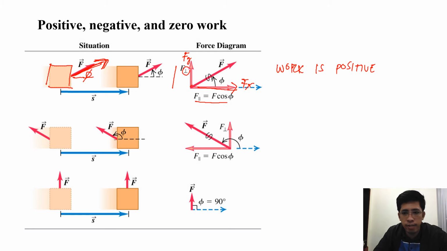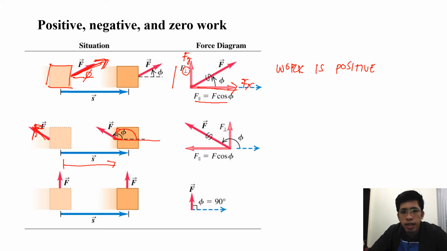Now next here, we have still the same box, but while you are applying a force in this direction, your box moves towards this displacement, and measured from this horizontal, this is your angle phi, which is already greater than 90 degrees.